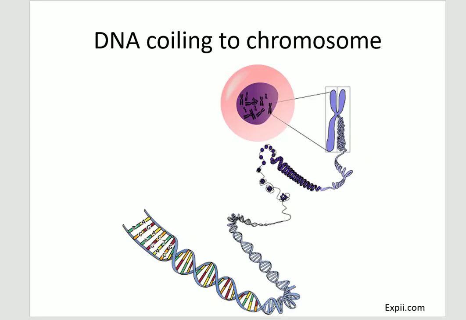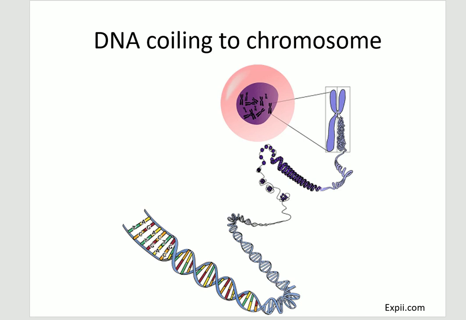All right, so you have these ladder-like structures that coil into a double helix, right? They twist, they twist, they twist. You can see the increased twisting as you go up and coiling until they coil into this kind of X-shaped chromosome that's held together by a centromere. Centromere in the center holds that chromosome together.